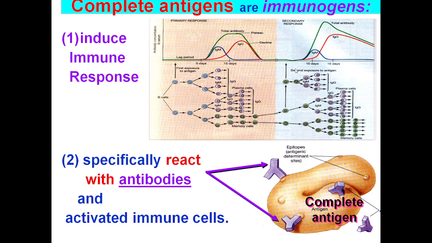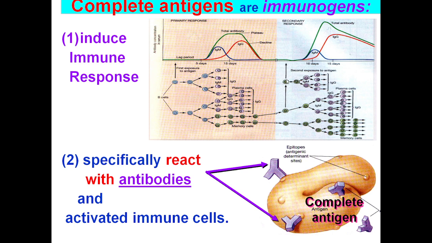What is the secondary immune response? This is a repeat immune response. If the same antigen in the future enters the organism of a patient who was immunized before by this antigen, it finds not a few cells in the immune organs, in the lymph nodes, liver, spleen, but it contacts many B lymphocytes that were accumulated as memory cells after the primary immune response, and they are shown green here.